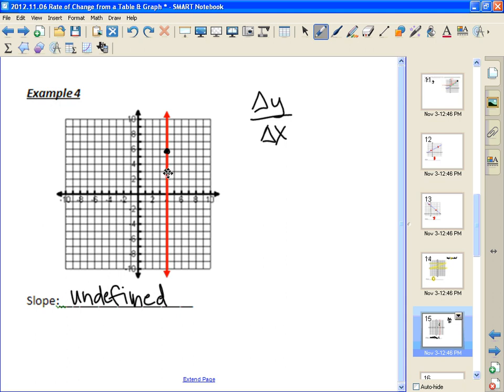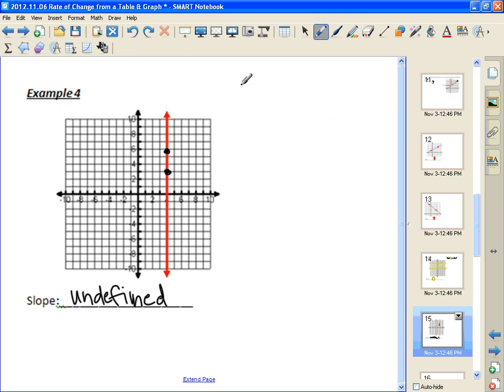So if I start here and go up 1, 2, 3, I can't go right or left any, so I get 0. So this is 3 divided by 0, and there's no possible way to divide by 0, which is why we get undefined slope. So anytime that you have a vertical line, the slope is undefined.